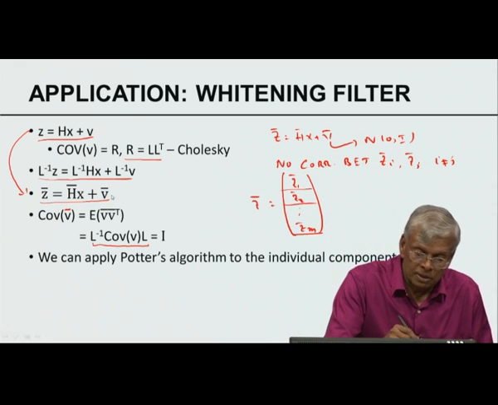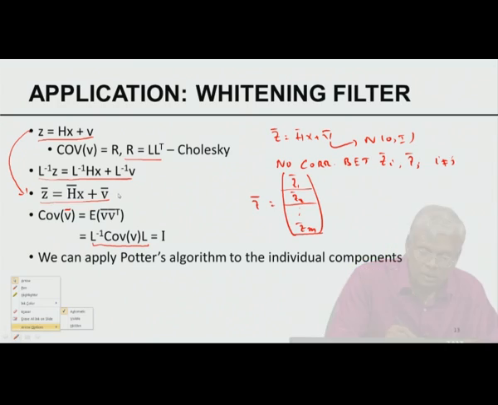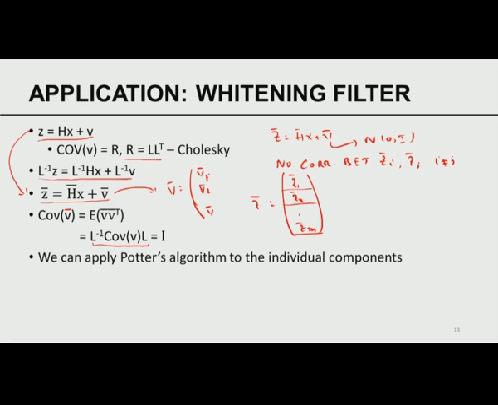So please realize, V bar is equal to V bar 1, V bar 2, all the way up to V bar m, and if you take any two of them, they are not correlated. Therefore, I can consider the vector to be made up of m single uncorrelated observations.